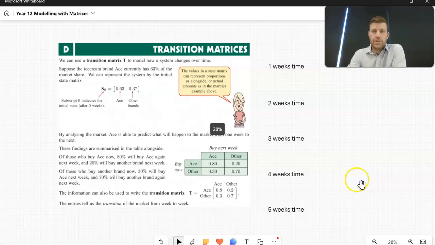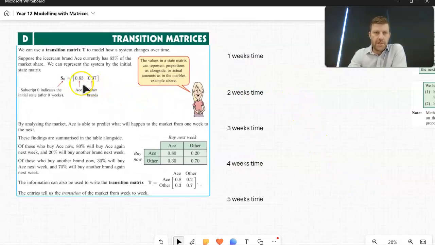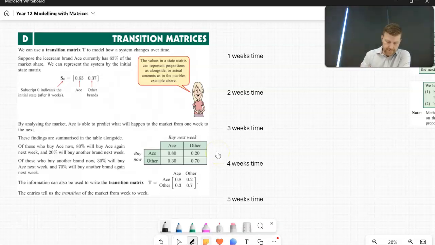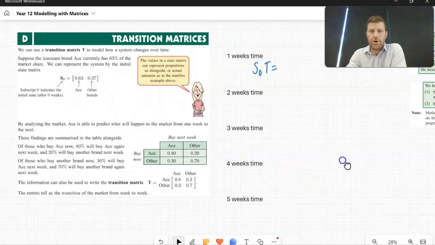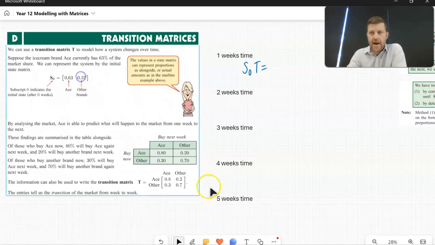Okay, so in order to do that, we're just finding the product of the initial state matrix and the transition matrix that we're given. So it's simply, in 1 week's time, S0, the initial state matrix, times T. Okay, and that will tell me the proportion of the market that Ace and the other brands have in 1 week's time, based on this modeling.